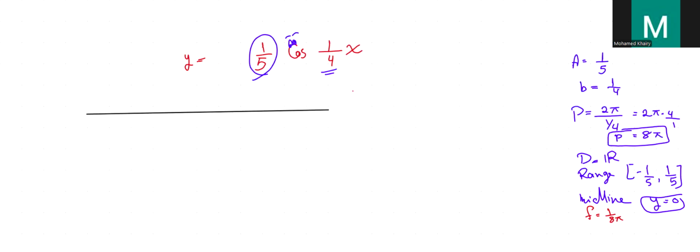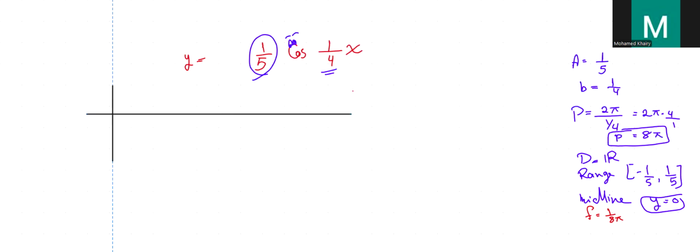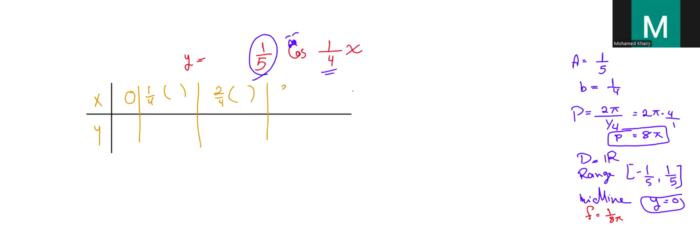As you've done this before, the same story here. Yes, so see here, what do I have? X and Y. Here I have 0, 1 over 4 times the period, whatever we've got, so I'm gonna write it down. 2 over 4 times the period, 3 over 4 times the period, 4 over 4 times the period.